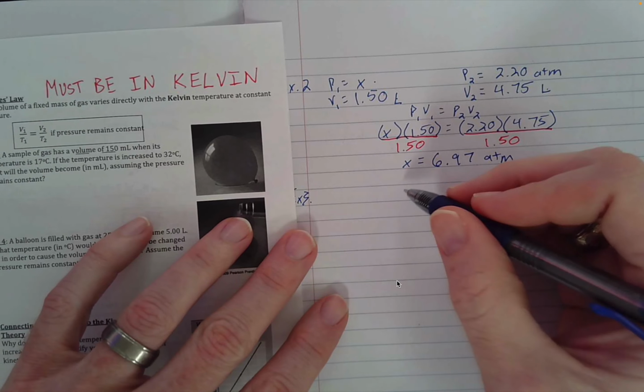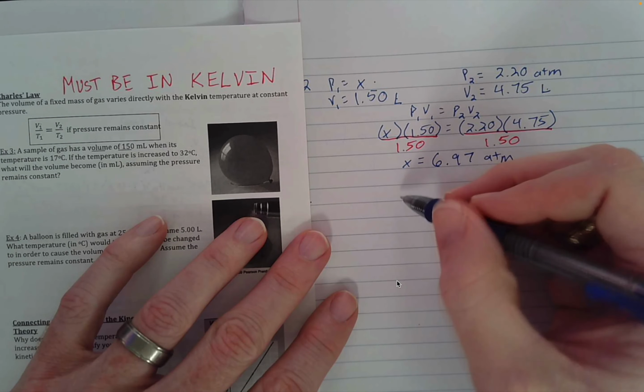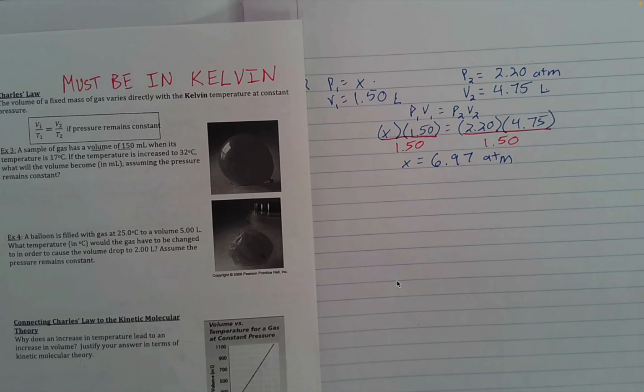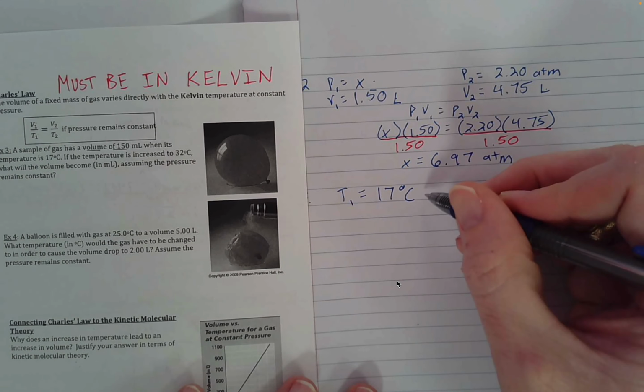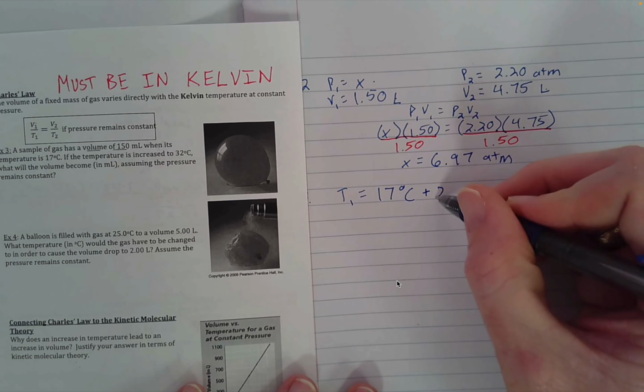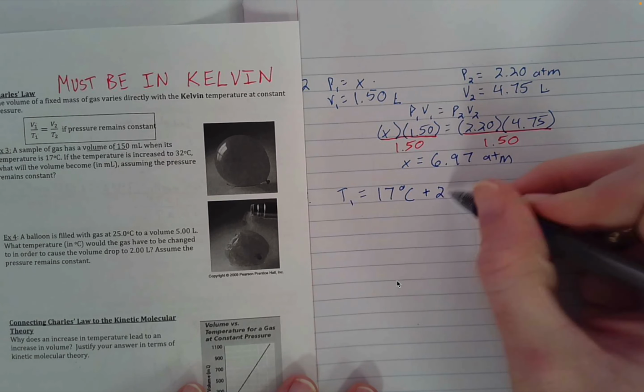We said we've got V1 and T1, so now to change it to Kelvin, we're first going to take our initial temperature, right? That was 17 degrees Celsius. To change it to Kelvin, we are just going to add 273. Okay, that's that simple. So 17 plus 273 is 290.